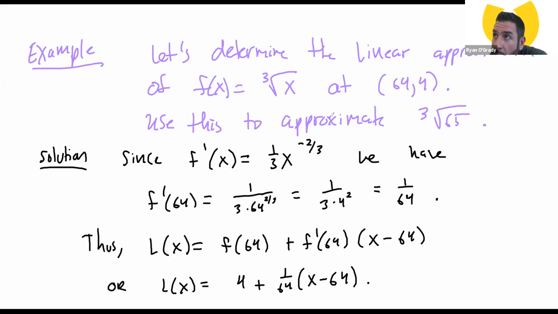Well, if the function is concave down, that means the tangent line should always be above the curve. So we have a discrepancy here. Something is not correct.